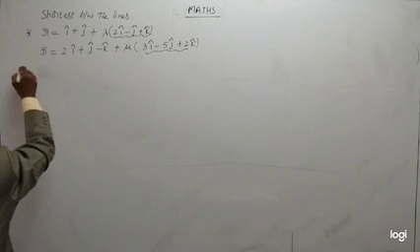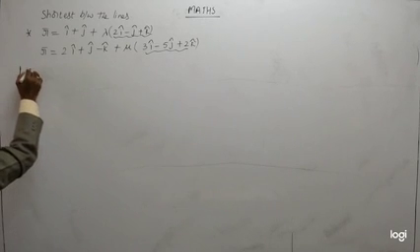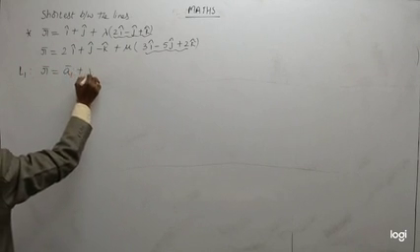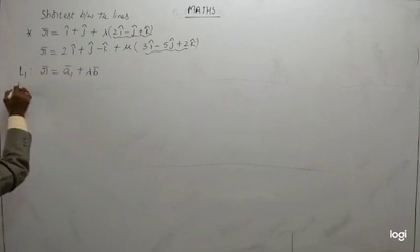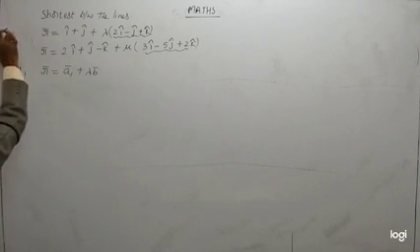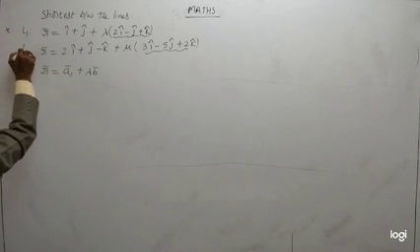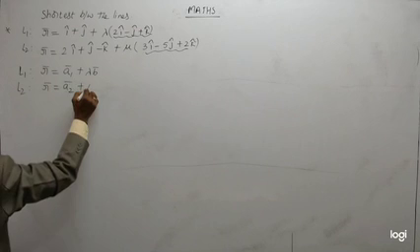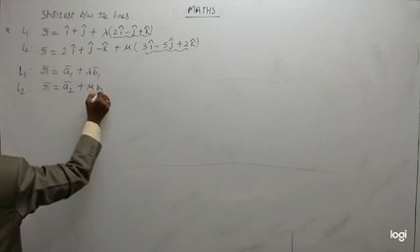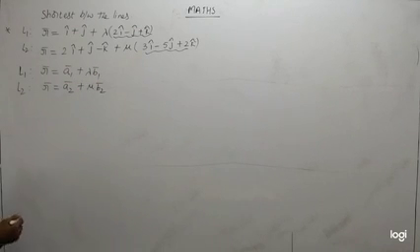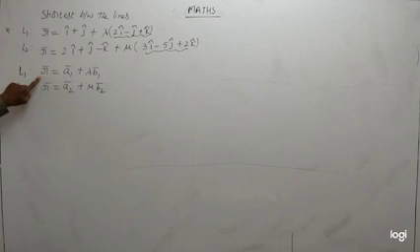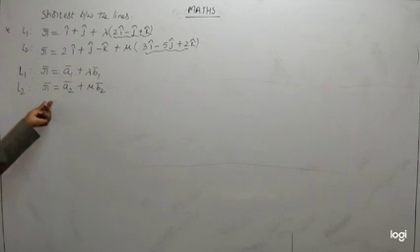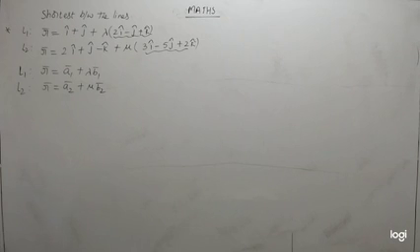So for the first line you compare with R bar is equal to A1 bar plus lambda into B1 bar, and compare the second line with R bar is equal to A2 bar plus mu into B2 bar.